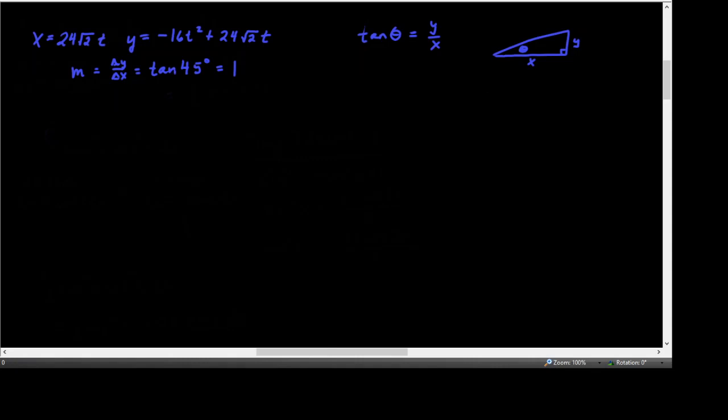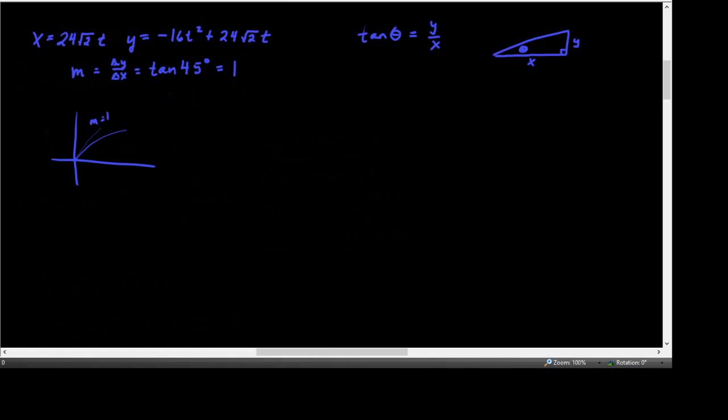And then of course as the projectile moves, so at this point right here, the slope of the tangent line is 1 because we're at a 45 degree angle right there.